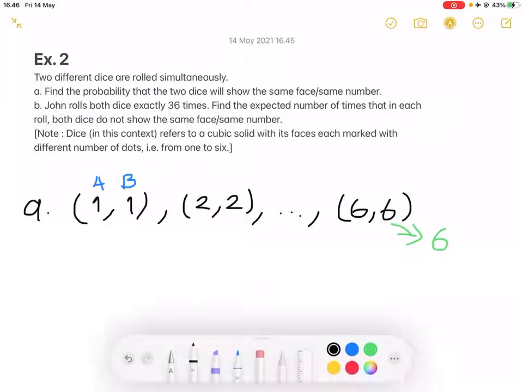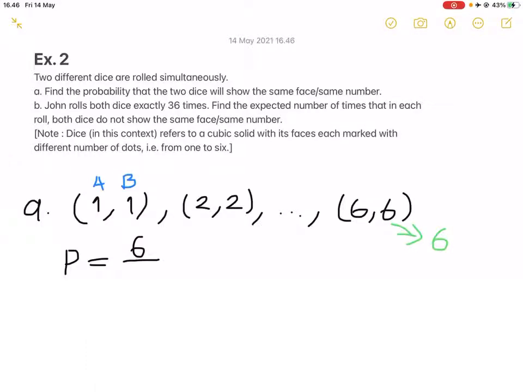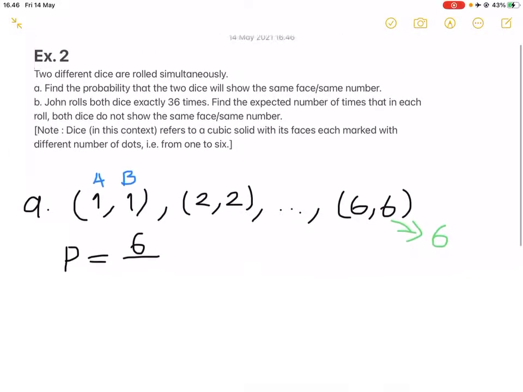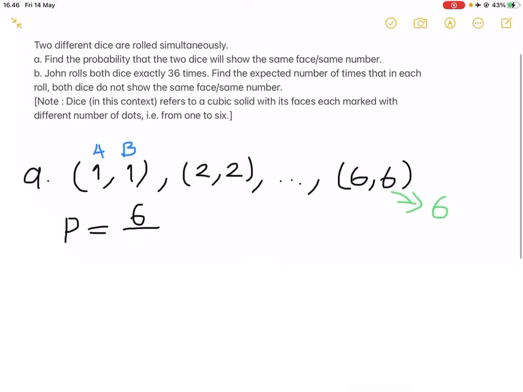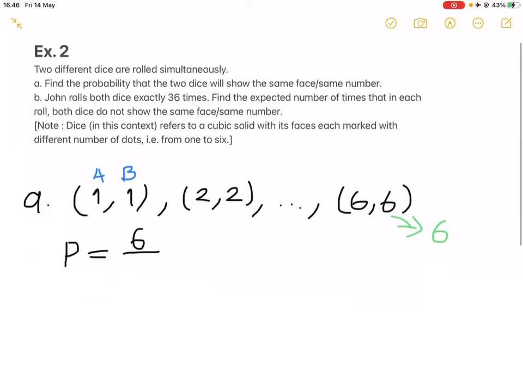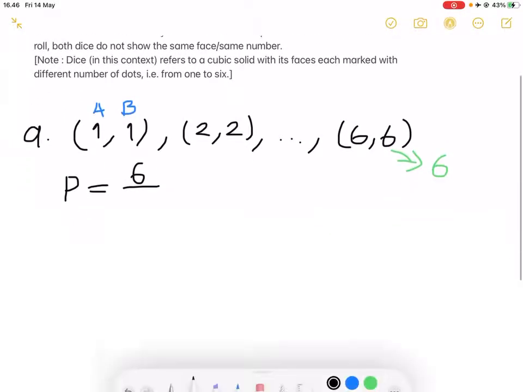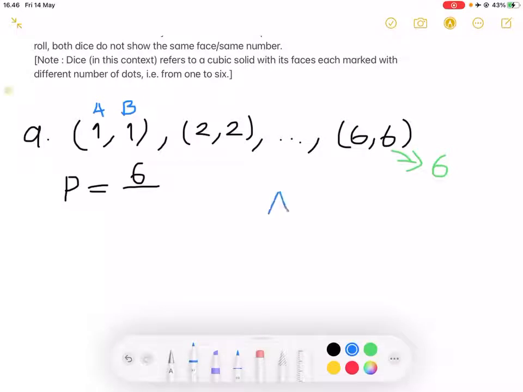Alright, so let's just write the probability right here. So our probability will be 6 over the total number of combinations. And that would be kind of challenging if some of you are not familiar with combinatorics. However, we can actually find that by using logic.